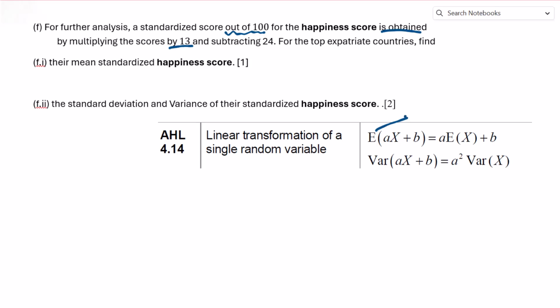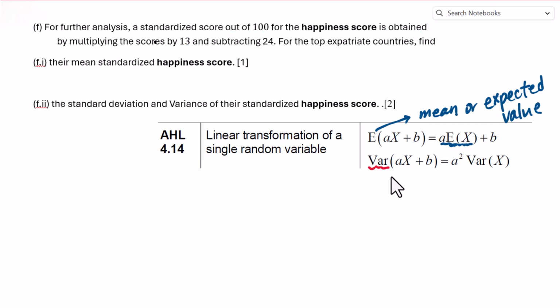This E means the mean or expected value. From this formula, when original variable times a plus b, your new mean will be a times original mean plus b, which means the mean will be affected by operations such as multiplication, division, addition, and subtraction.